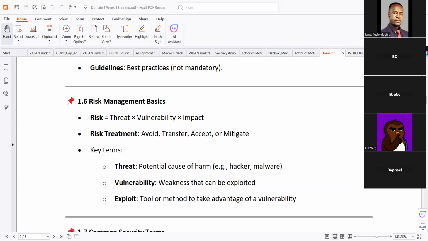It can be internal, external, or even human error. We have types of cybersecurity risk. Of course, one of them is malware: ransomware, spyware, viruses that affect our systems and steal our information, request money, or destroy our data.